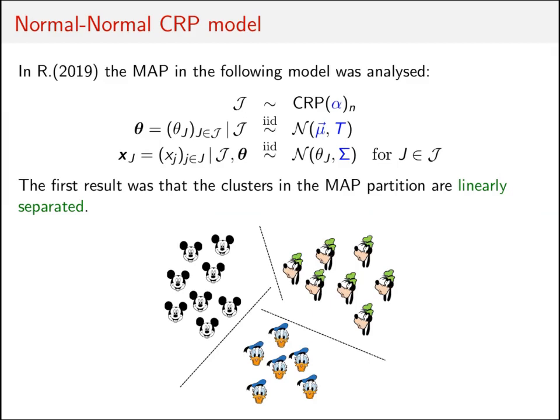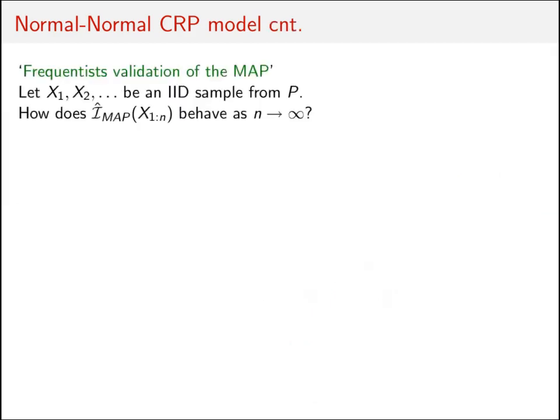Okay, let me move on to another result. This is something I could call a frequentist validation of the MAP procedure. Now I suppose that my sample is not coming from the model I presented before, but is an IID sample from some distribution P, the input distribution.